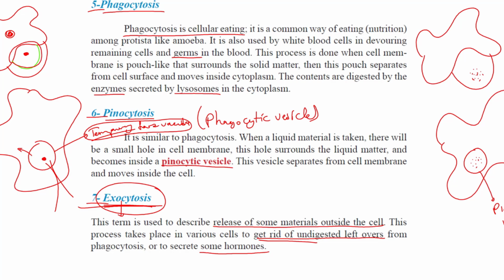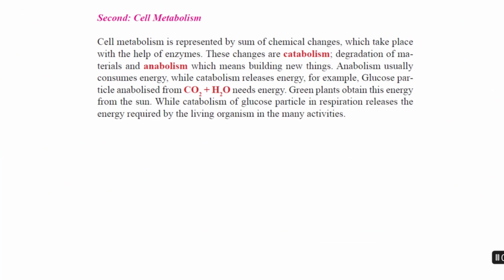Eating of the cell is phagocytosis, drinking in the cell is pinocytosis, excretion in the cell is exocytosis, and they are all examples of cell metabolism. Cell metabolism is the sum of all chemical changes that happen in the cell, which take place with the help of enzymes.